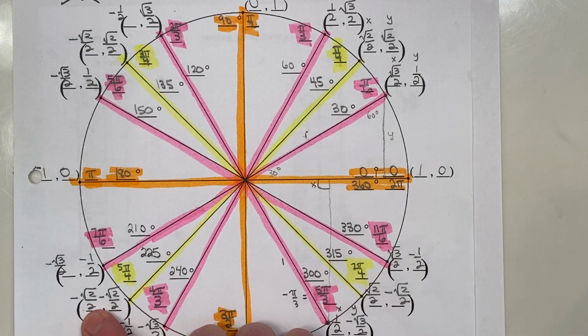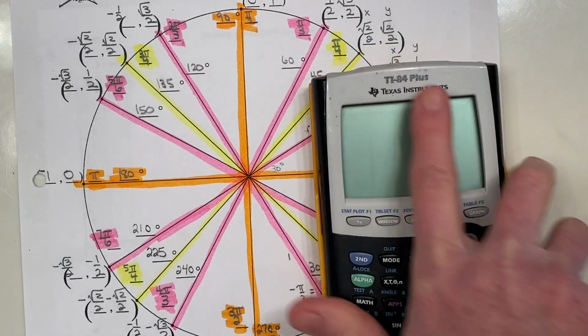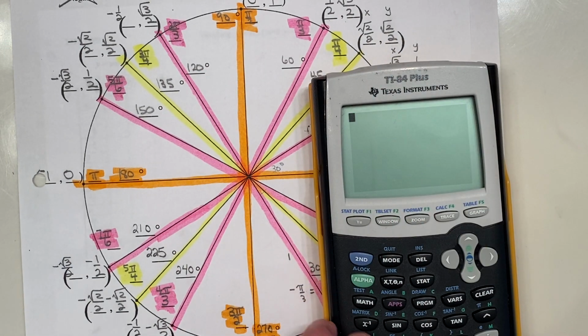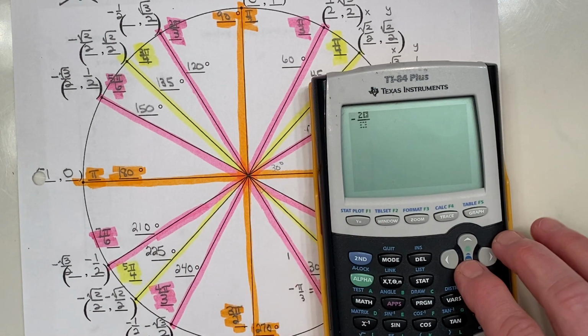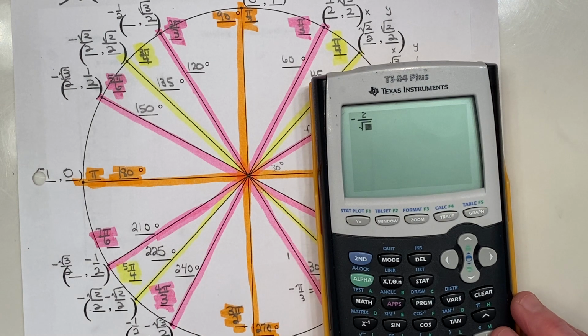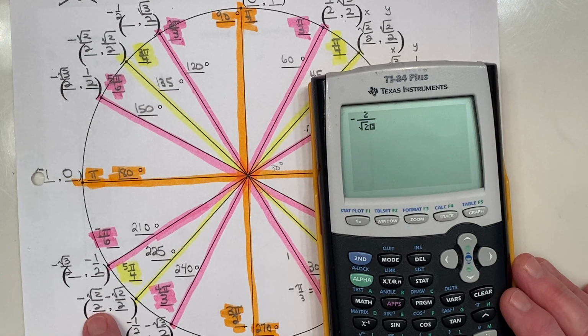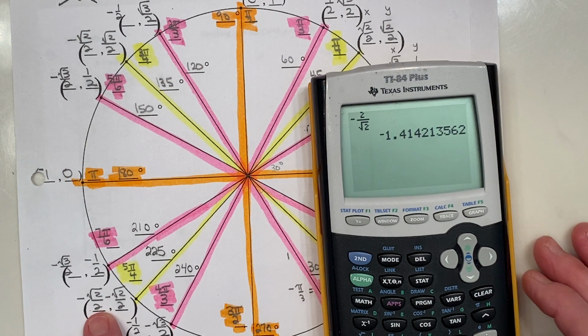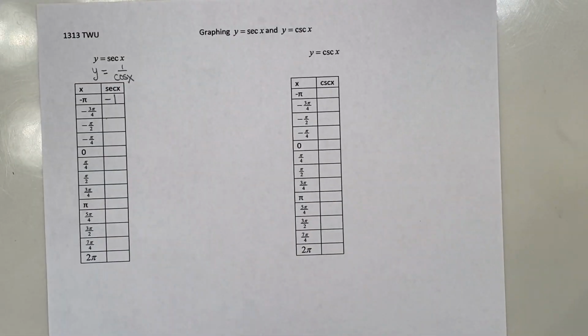Secant's the reciprocal of cosine, so let's reciprocate, flip, -square root of 2 over 2. So I am going to find the value of -2 over square root of 2. So I just reciprocated it to get secant. Press enter. I'm going to get -1.4 is what we'll record since we're graphing.